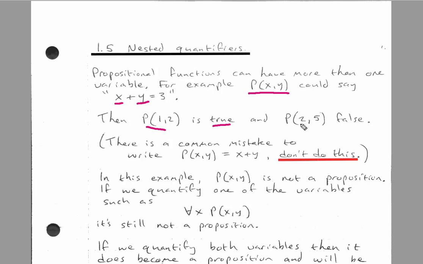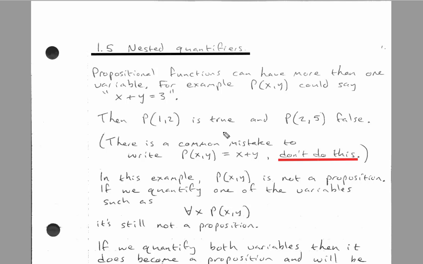But if you put in different numbers, if you put in 2 for x and 5 for y, then this is not true, so this is false, p of 2 comma 5. Okay, so this propositional function says x plus y equals 3.